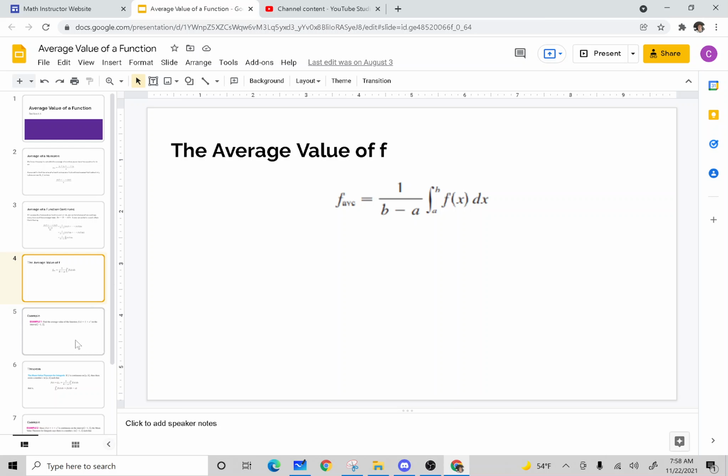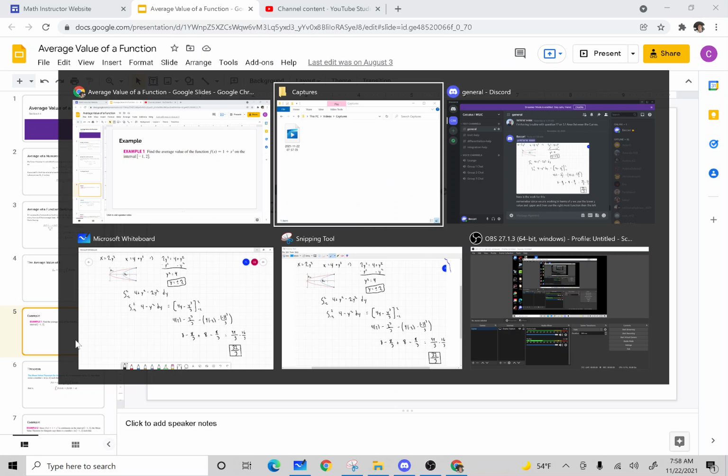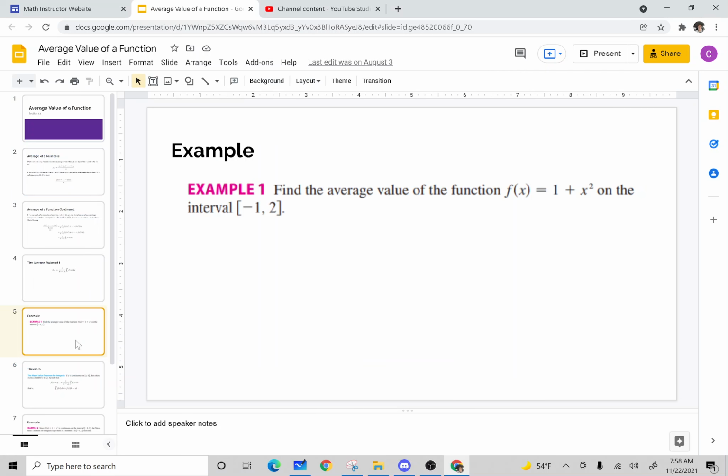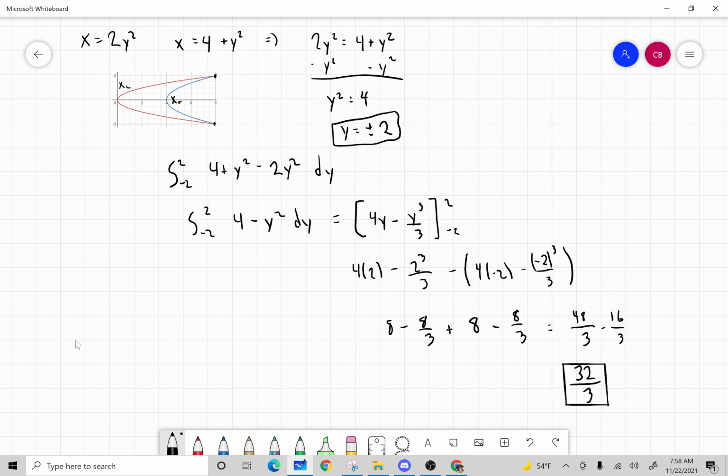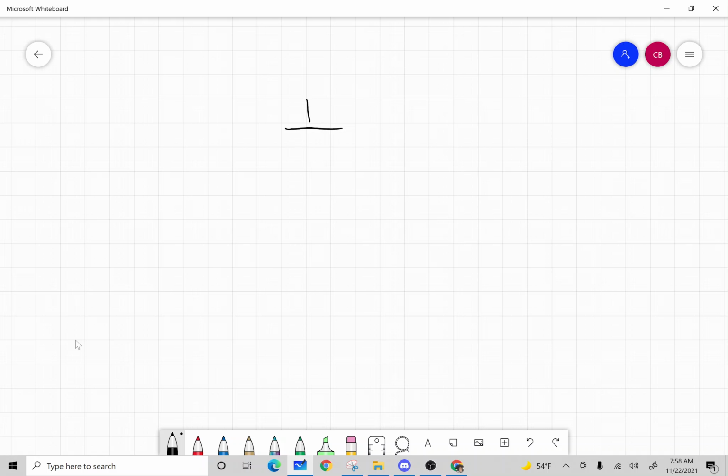And so let's try and use this. We've got the average value of the function 1 plus x squared on the interval of -1 to 2. So we have 1 over (b minus a), integral from a to b, f of x dx.